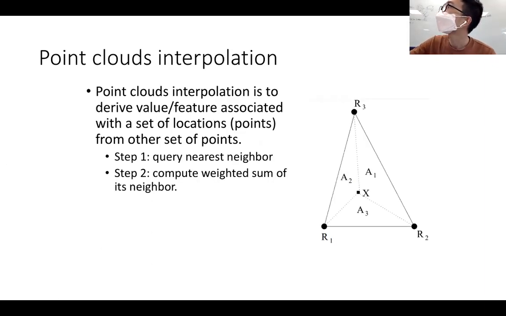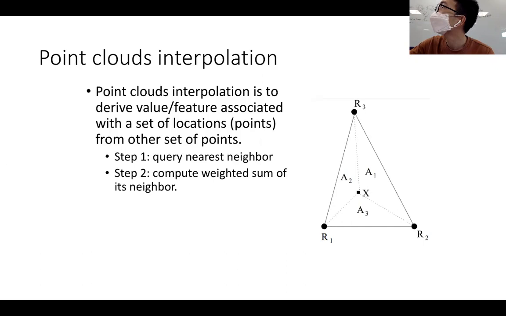The first thing is interpolation. Point cloud interpolation is where you try to derive a feature associated with an arbitrary location from the known points.